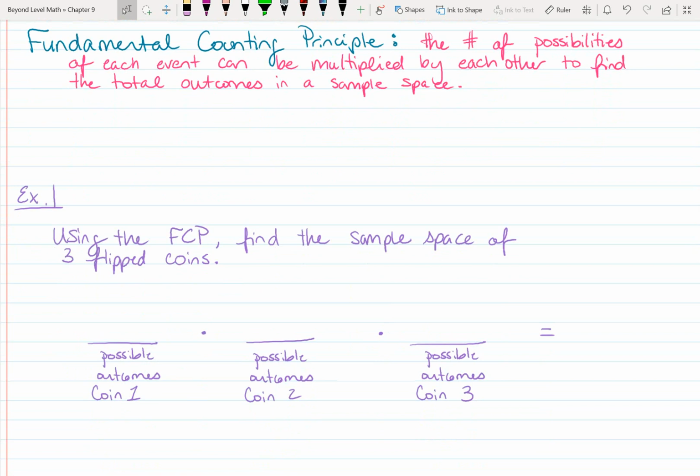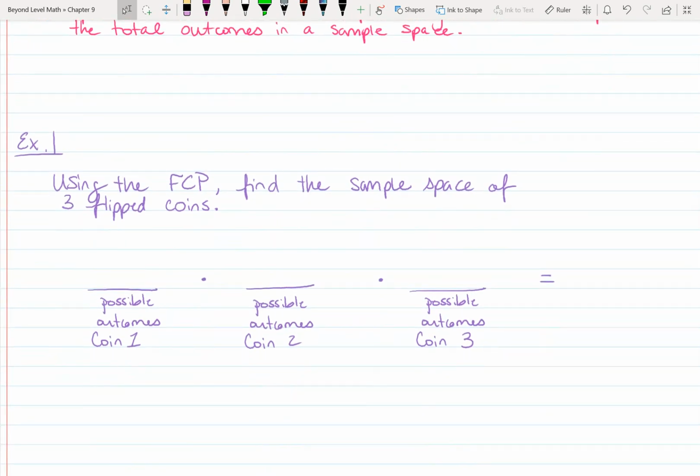So example 1. Use the fundamental counting principle to find the sample space of 3 flipped coins. Now, you multiply each set of possibilities. For the first coin, how many outcomes? Well, 2, right? Heads or tails.